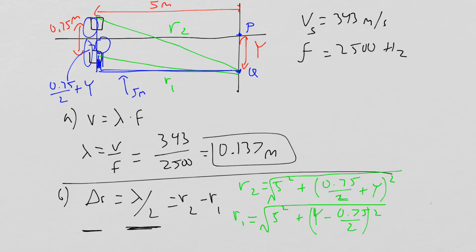And we know what the wavelength is; this just goes in there. So now I have an equation that technically can be solved. Algebraically, it's hideous, but let's write it out.